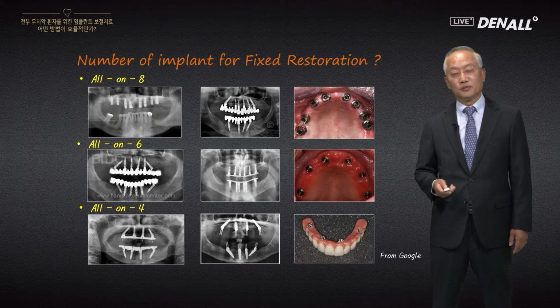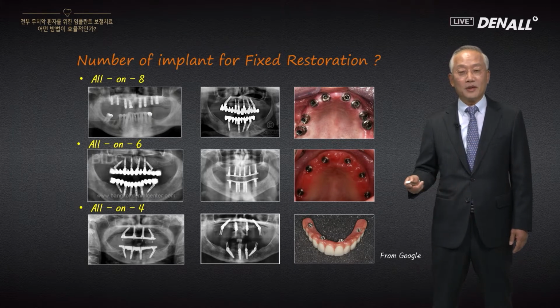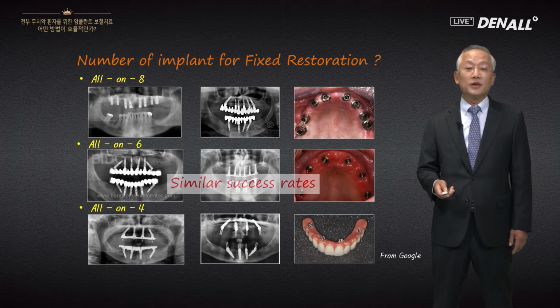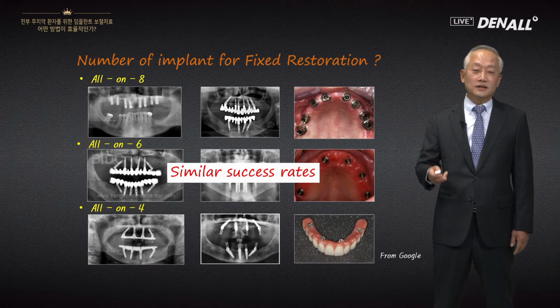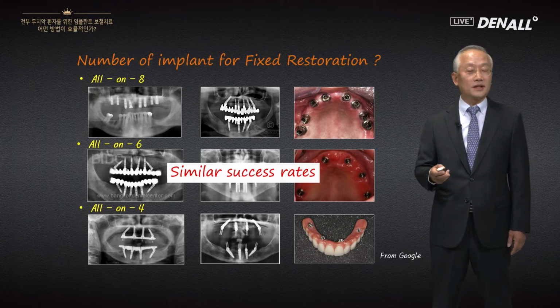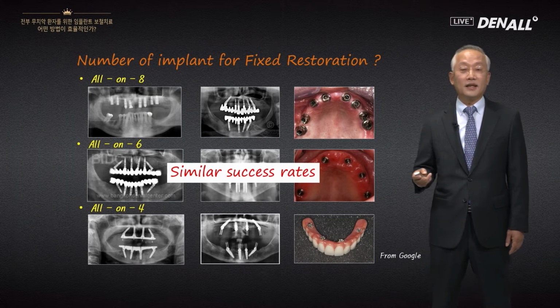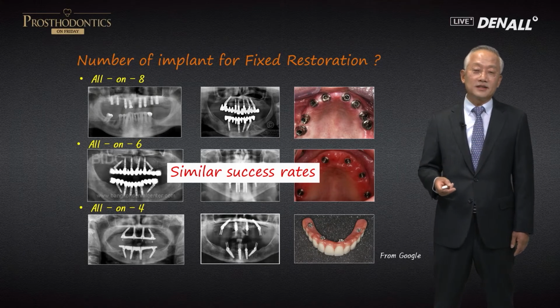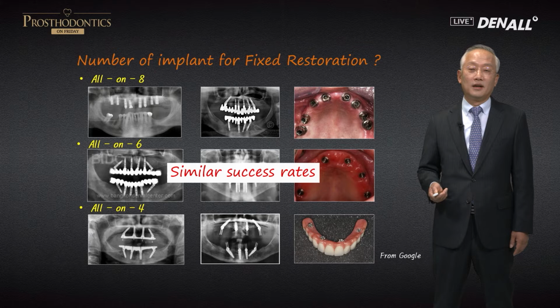And all on 4 is all the hype these days, and a lot of lectures focus on all on 4. However, if you look at the literature, regardless of whether you do all on 8 or all on 4, the success rate is similar. If you look at the details, this can differ slightly in terms of maintenance.